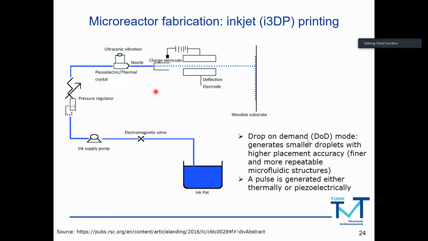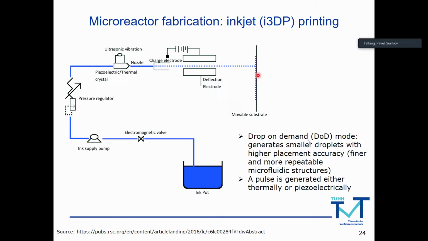These droplets are focused by an electrode system, so they are not produced in all directions but directed in one specific direction, perpendicular to the substrate. In this case, the substrate is moving and your printing head is not, the same way as in inkjet printers, where your paper in a roll moves but the printing head is stationary.